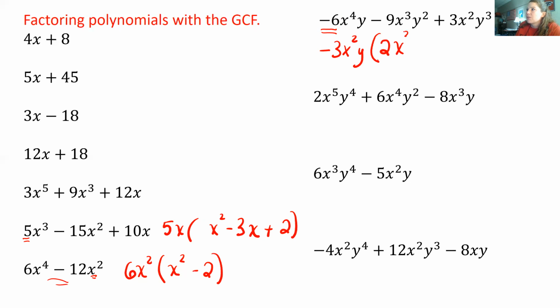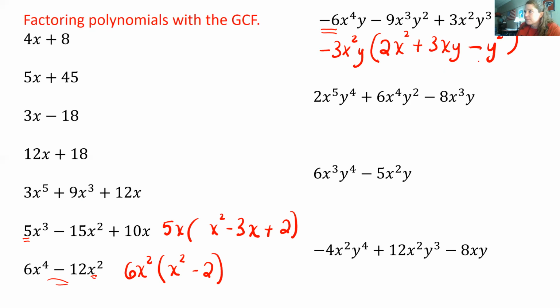Pulled out 2 of those 4 x's, and we pulled out the y. Negative 9 divided by negative 3 is positive 3. We would have left an x and one y. And then finally, 3 divided by negative 3 is negative 1. I'm just going to leave a negative for now. If we don't have a variable left, I would write a 1 there. But x squared divided by x squared is 1, and y to the third divided by y to the first is y squared. So if I use my distributive property, I'm going to go back and double check those.